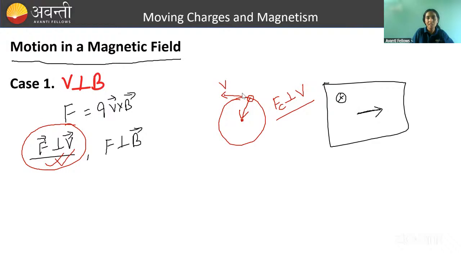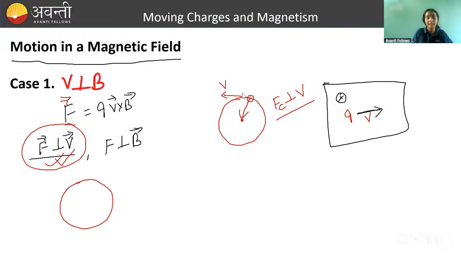This is the case here when a charge is moving in a magnetic field with velocity v. Whatever force is acting because of the magnetic field, that force is perpendicular to velocity, because this force is the cross product of V and B. So F has to be perpendicular to V, and if F is perpendicular to V, the trajectory will be circular.